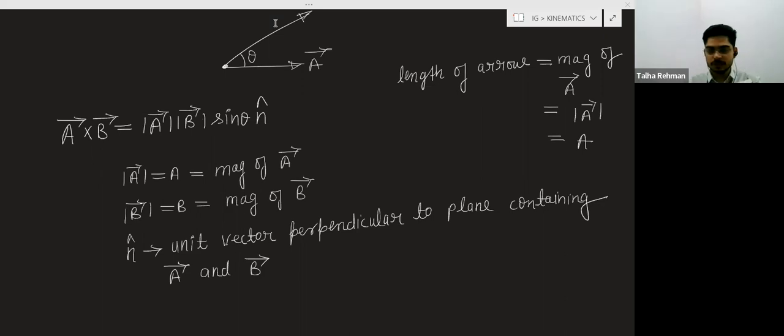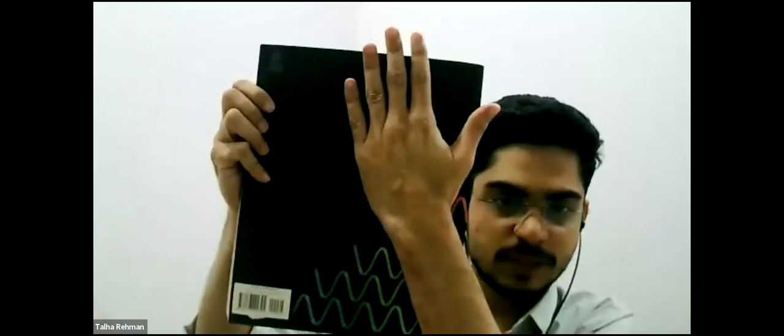Okay, just see this. Basically, what I want to say, n cap is a unit vector perpendicular to the plane containing A vector and B vector. So, can you say this is a plane? The surface of this book is a plane.